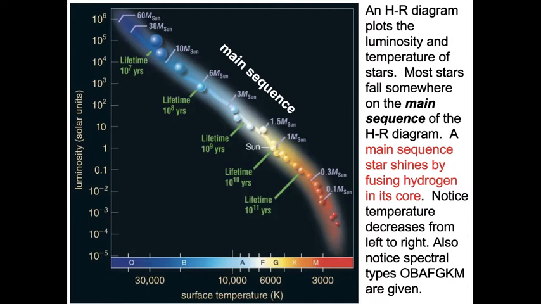They run through their fuel very quickly, and for that reason their lifetime, you can see, is about 10 million years. 10 million years for these prima donnas up here. But our sun, over here at a lower temperature, doesn't run through its fuel as quickly, and so it lives longer, about 10 billion years. Then you come down to red dwarfs, and they live a long, long time.